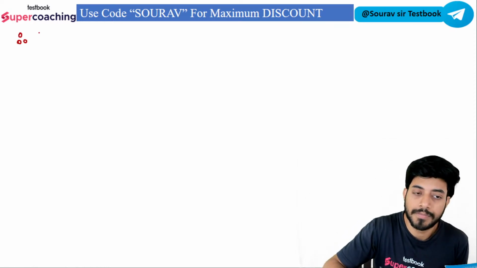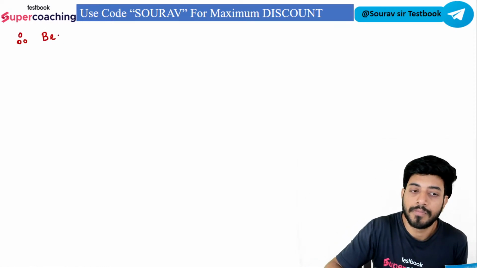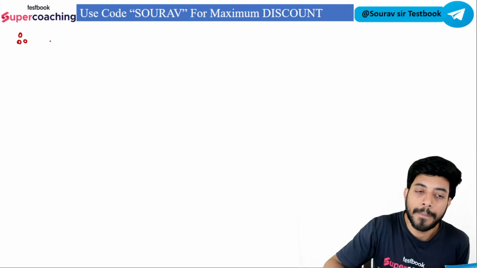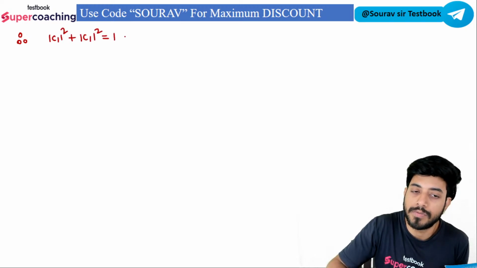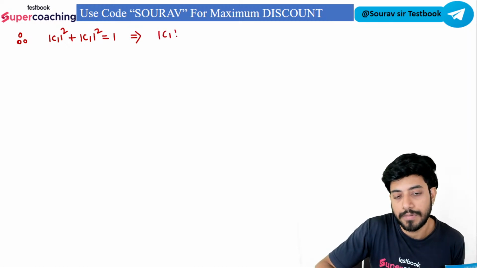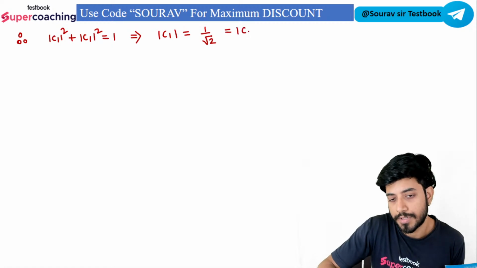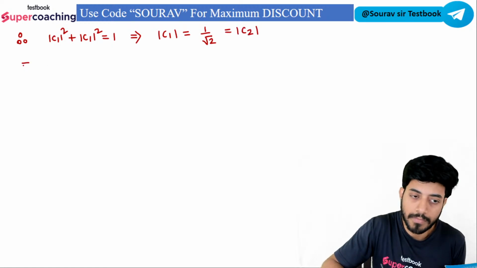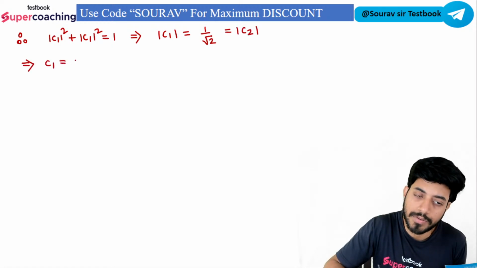Therefore mod C1 square plus mod C1 square is equal to 1. That is, mod of C1 can be taken as 1 by root 2. That can be taken as mod of C2. I can take C1 equal to C2 equal to 1 by root 2.